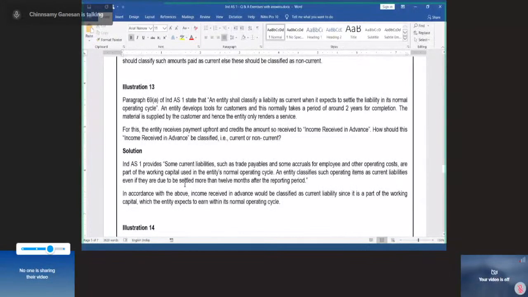Normally this will be a liability. Somebody has asked the question, when I have taken a trade payable, whether I will adjust it in the operating cycle. Similarly, when I have taken an advance received, that will also reduce my operating cycle to that extent. So I will consider that as part of the normal operating cycle and classify it as a current liability.